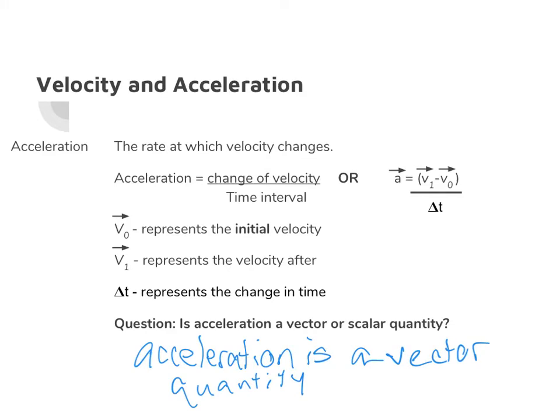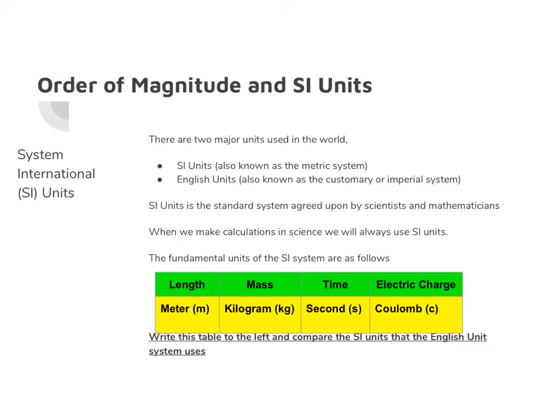Now, let's move forward from there and talk about order of magnitude and SI units. So SI units, or the System International units, are the units we use in science. These are the units that we are going to use during all of our scientific investigations.